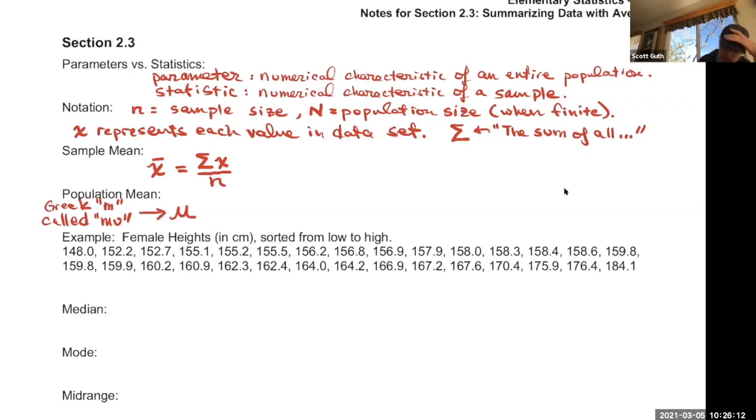Okay, so mu is the sum of all values in a population over the population size. I'm using a capital N. Okay, so this is when the population is finite.